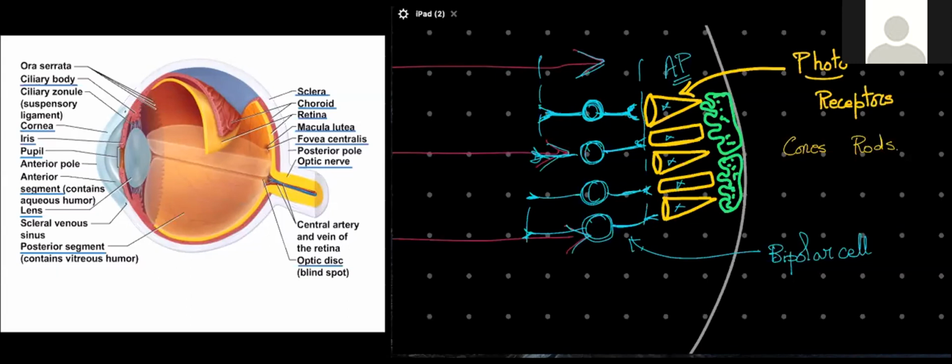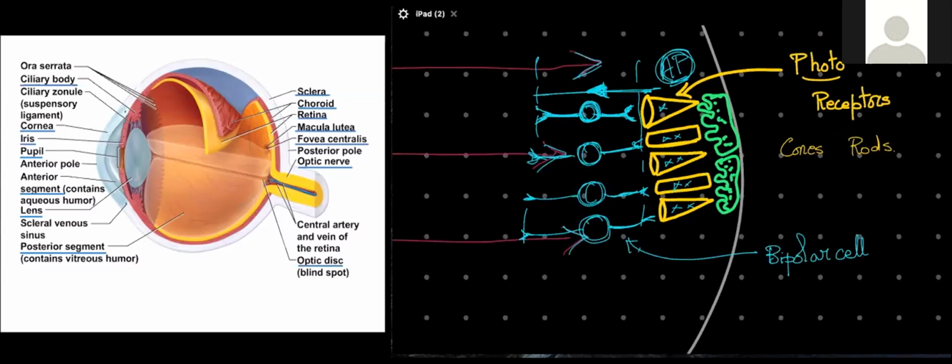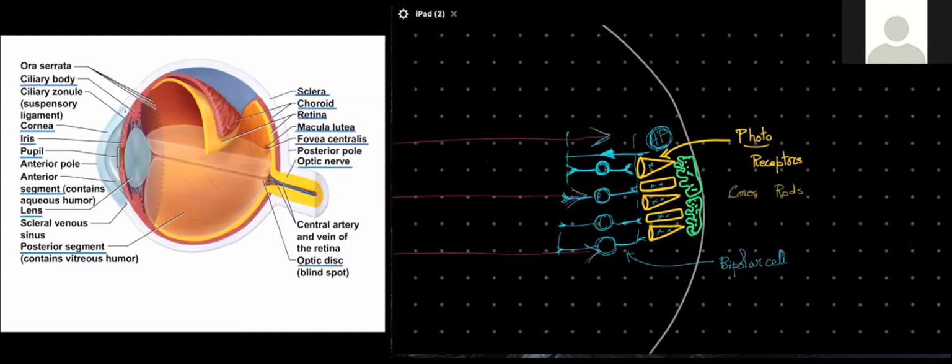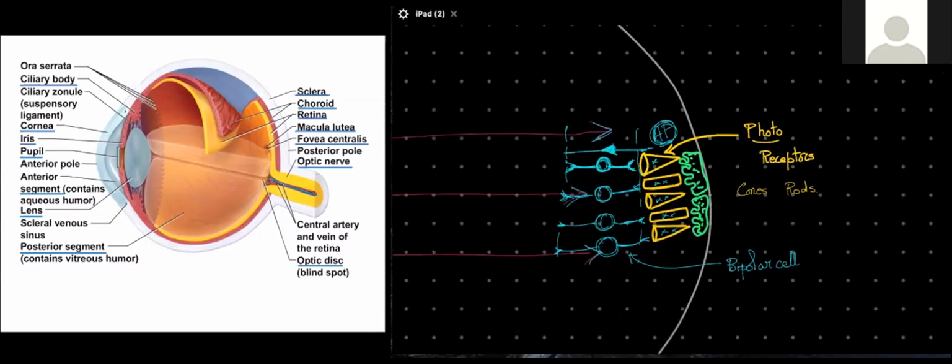Those colors, those lights gonna be stimulating the photoreceptors to form electrical impulses. So now the electrical impulse is traveling from my photoreceptors to my bipolar cells. So you see, electricity is moving in the opposite direction to my light. So light is moving in, electrical impulse is moving out.